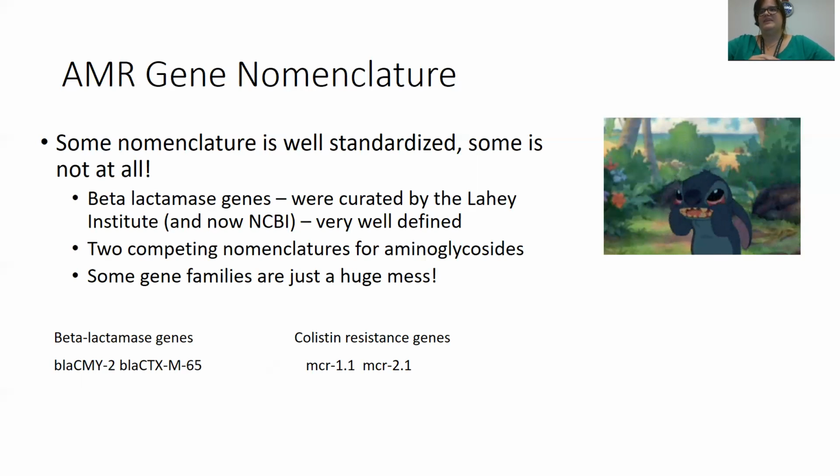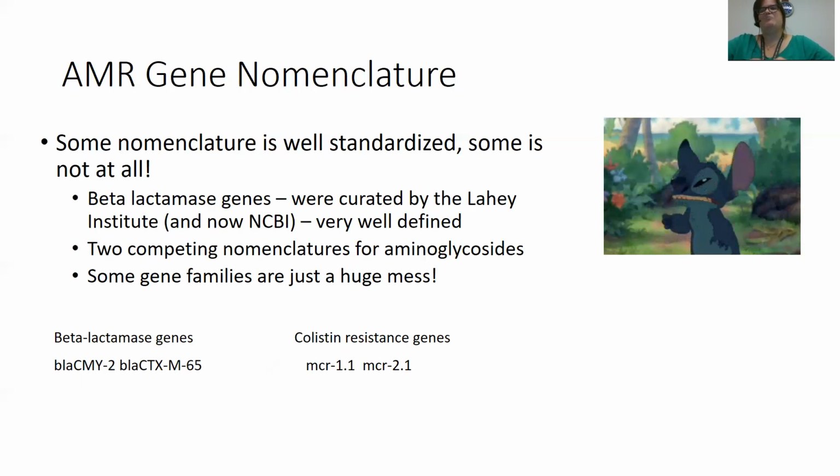So you can be confident that a blaCMY-2 has a very specific definition. But then you move into something like the aminoglycosides, where there are two competing nomenclatures and nobody can agree on which one they want to use, and it's just frustrating. And some gene families are a huge mess because it really takes some individuals who feel passionate about that gene group and that nomenclature.